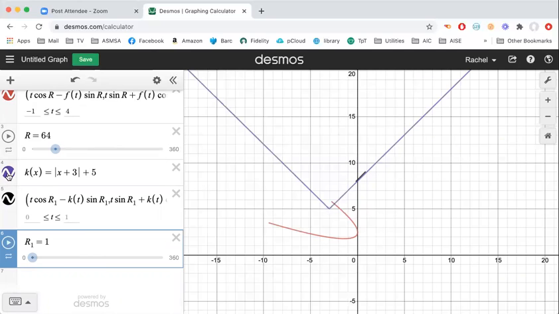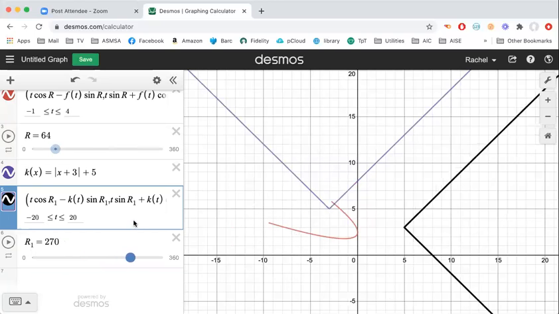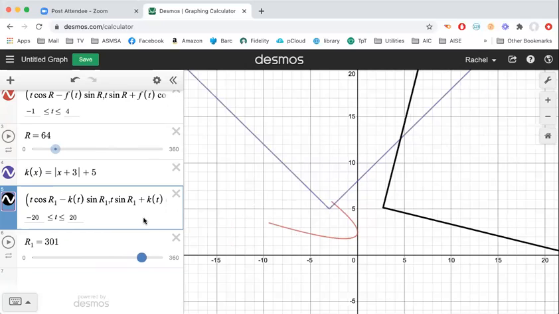Notice my black graph is only showing that little piece of my absolute value. What I like to do once I get this set up is rotate my angle around. I usually set t at negative 20 to 20 to start with, and then rotate this around until I have the piece I need to fit. Let's say right here is the absolute value piece that I needed to fit.